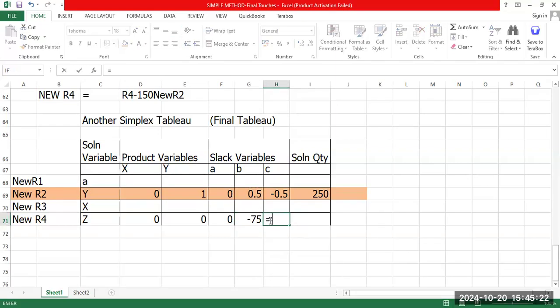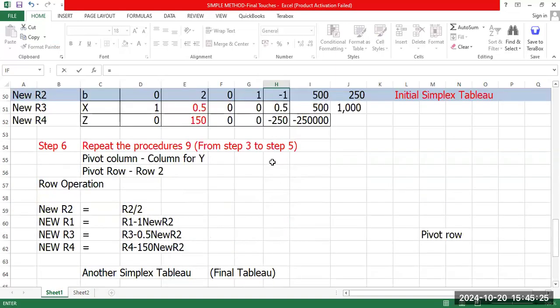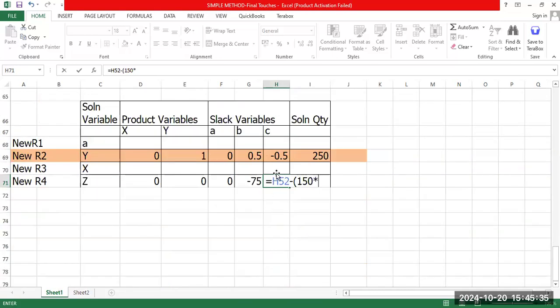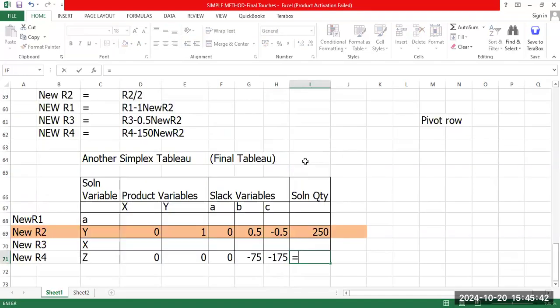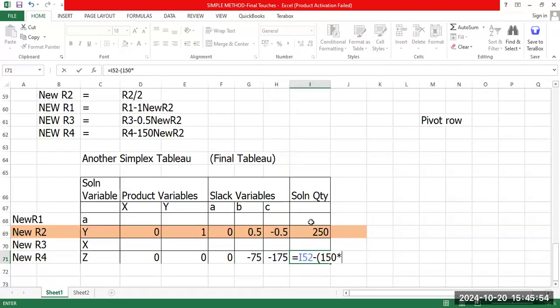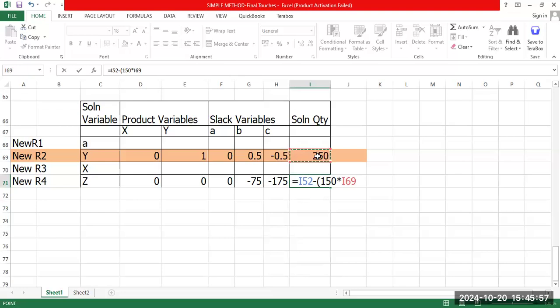This is, if you wait for me, this is C minus open bracket 150 times this. 150 times this.